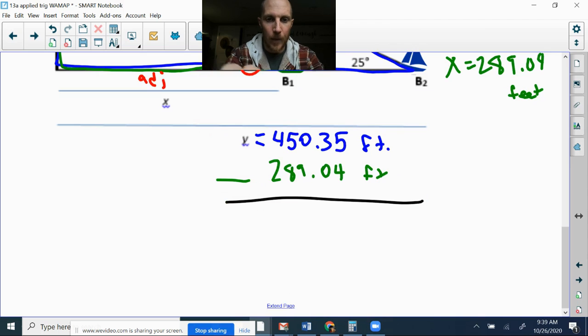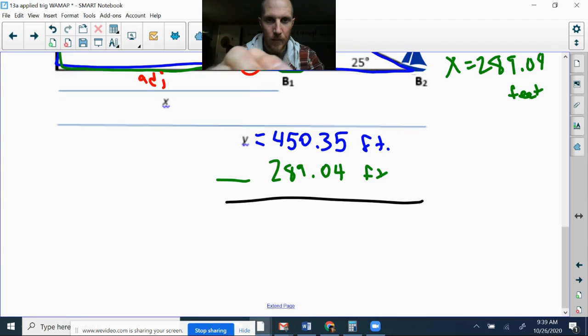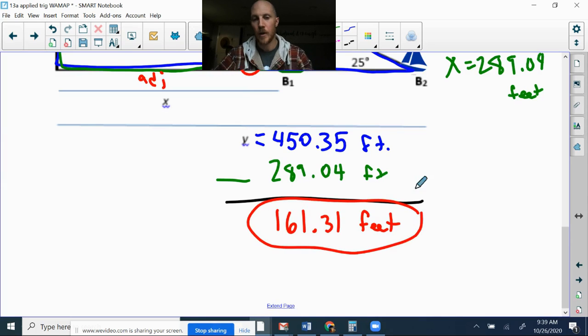All right, great. So subtract: 450.35 minus 289.04 is 161.31. 161.31 feet. That is how far the boat moved.